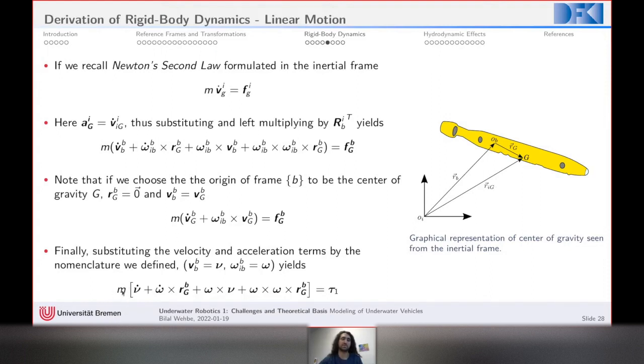So the mass multiplied by the linear acceleration plus the angular acceleration cross product with the vector which describes the center of gravity in the body frame, which, if you think about it, is just like the mass matrix, and this adds a little bit of an off-diagonal term. And this part here is, again, the Coriolis part, and this is the centripetal part. This is going to be equal to tau1, which is the linear forces applied on the body frame. So this is for linear motion.